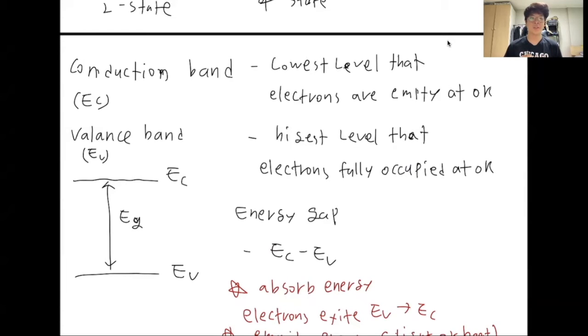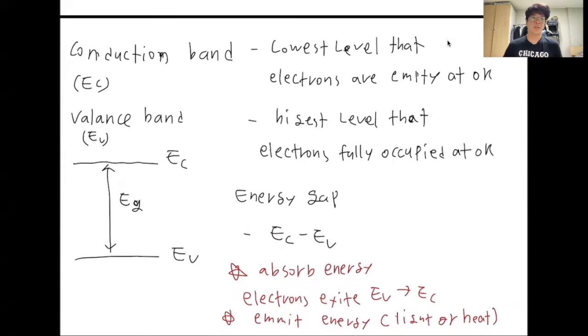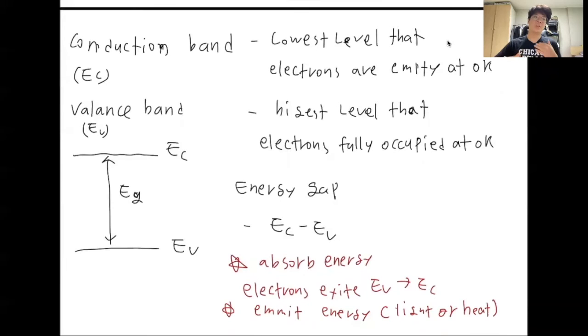And there is the valence band, which is the highest level where electrons are fully occupied in thermal equilibrium. And the difference between the conduction band and valence band is called the energy band gap.